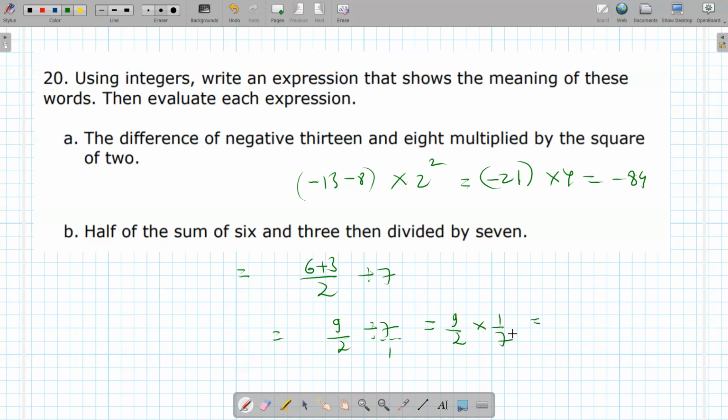Then what would that be equal to? I'm not sure. Well, you just multiply the numerator with the numerator and denominator with the denominator. So 9 over 14. Yes.